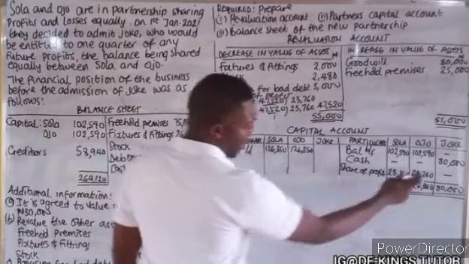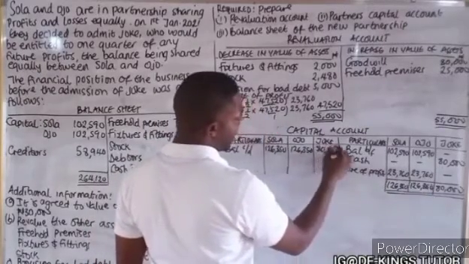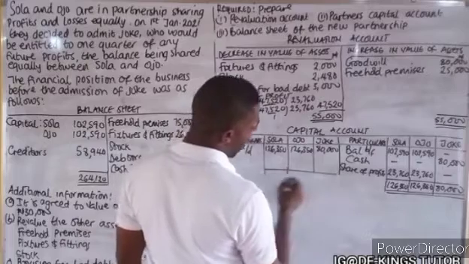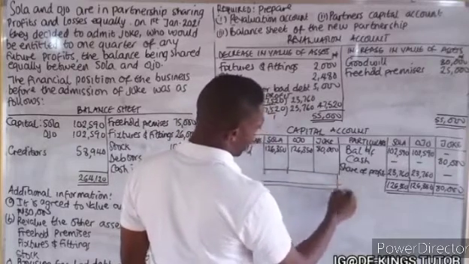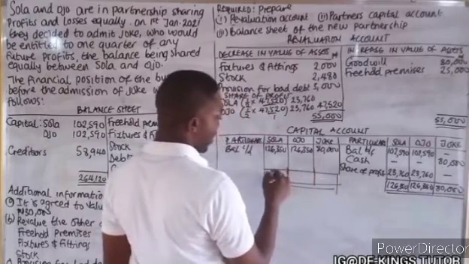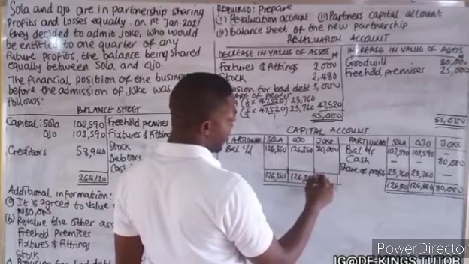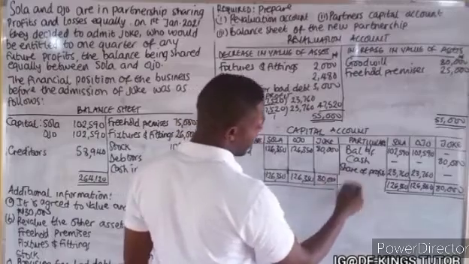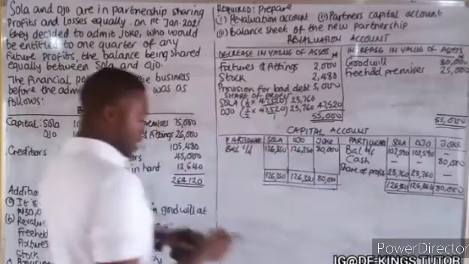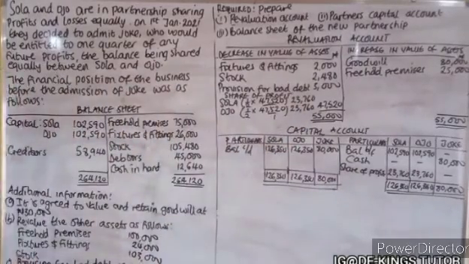So the last part is 80,000, so that our total will now be the same as 126,350 and 80,000. Okay, so that is the capital account.